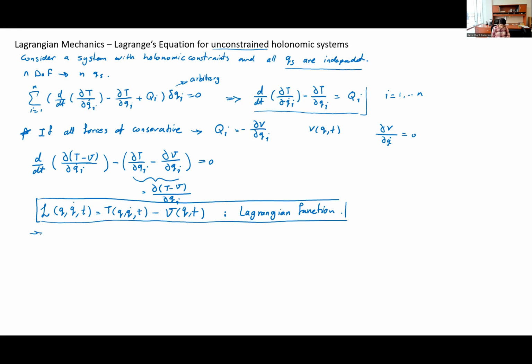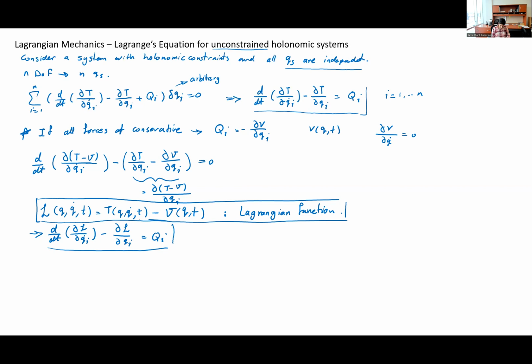And from here, I can write d over dt of partial L partial q dot i minus partial L partial qi equals 0.